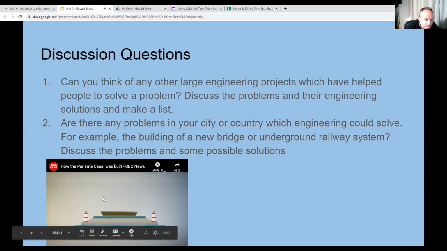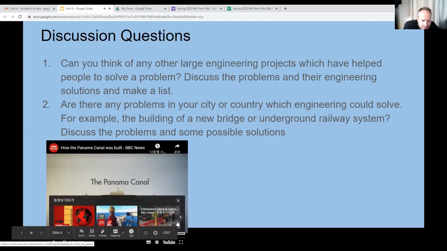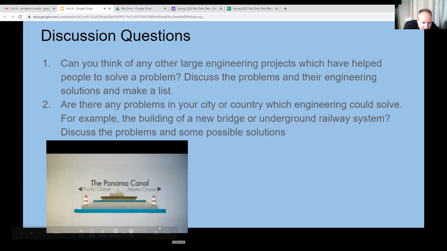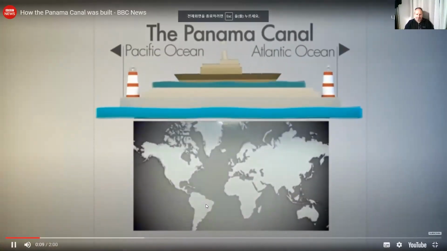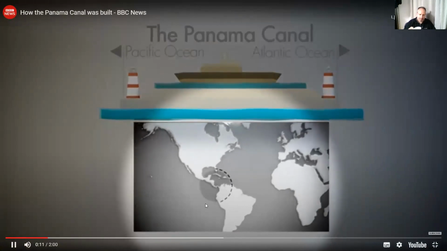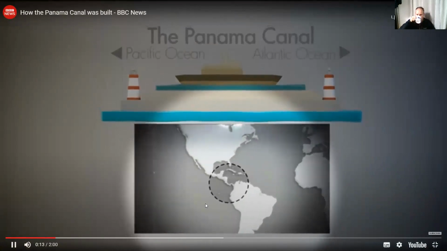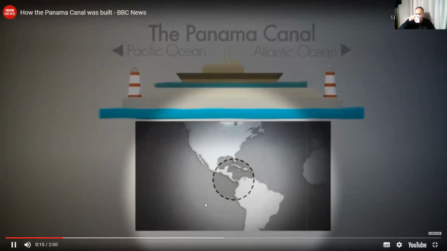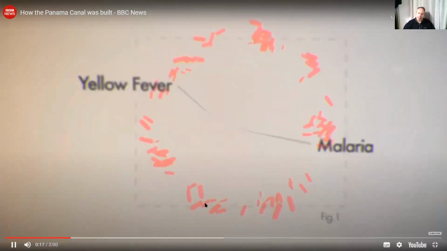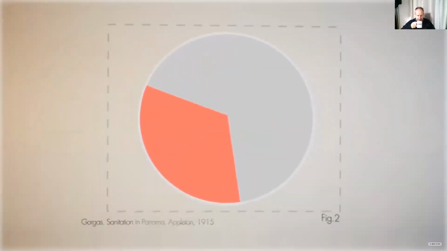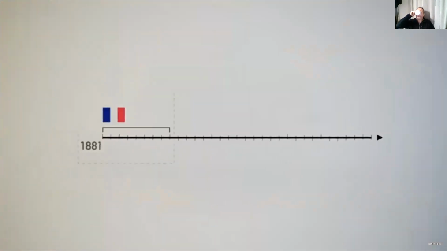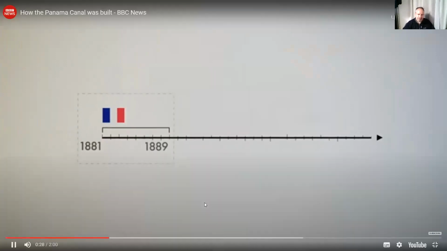It has been 100 years since the first ship sailed through the Panama Canal. In 1881, France began what would become one of the most challenging engineering projects ever undertaken. But disease plagued the French workforce, and after a third of workers fell ill, after almost a decade, work ground to a halt.